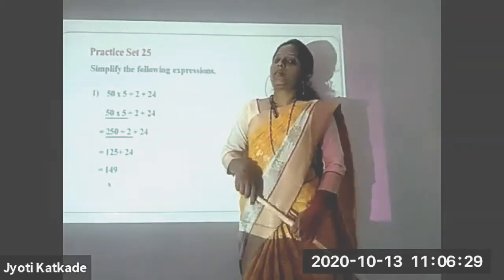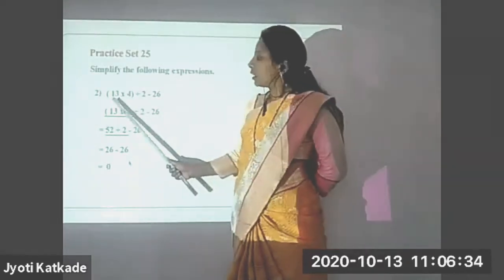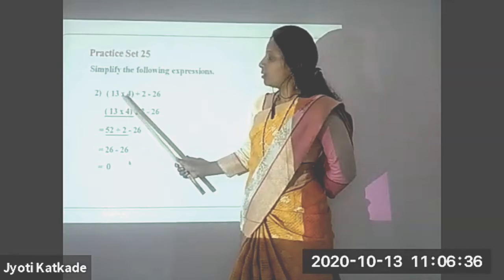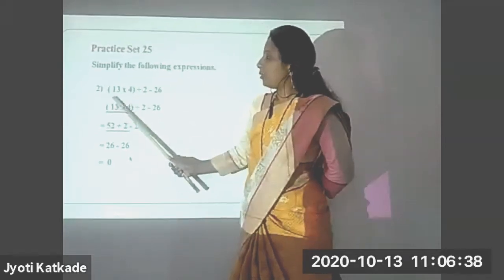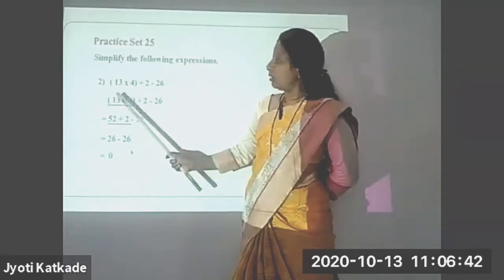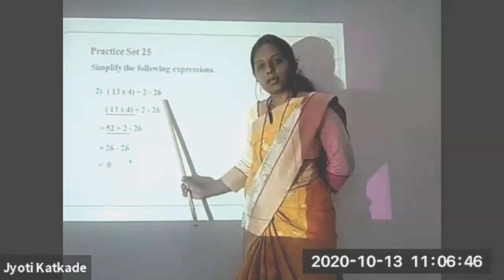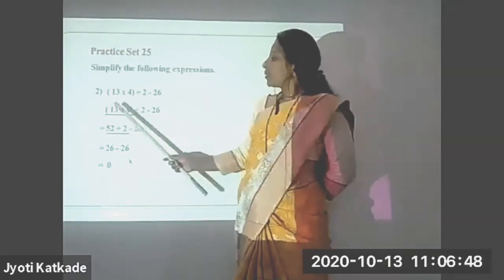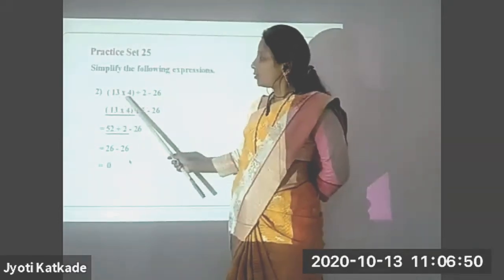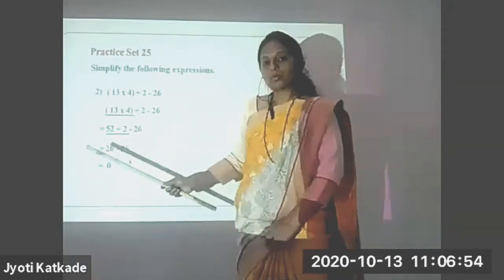See the second example from the practice set. That is 13 into 4. This is in a round bracket. 13 into 4 divided by 2 minus 26. Okay. First we have to do this multiplication according to our BODMAS rule.